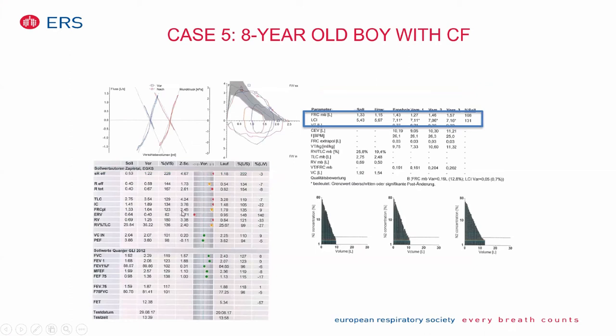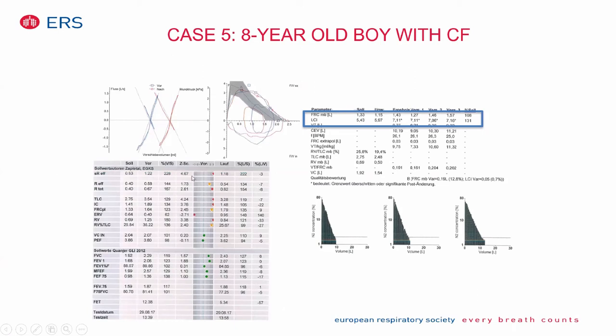If you look at the static lung volumes, you have normal or high normal total lung capacity, high normal functional residual capacity, but again, this is in line with the spirometric volumes. Forced vital capacity of 119%, 1.57 Z scores, no change after bronchodilation, and in this young patient, even the forced expiratory flows are entirely normal.